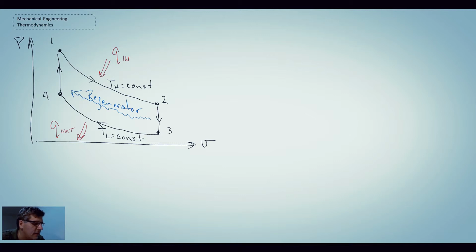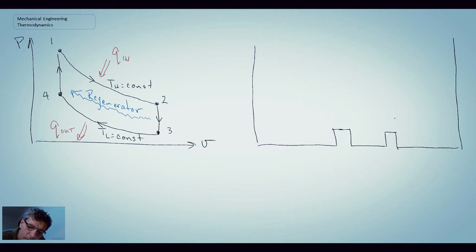So let's take a look at a schematic of what the Stirling may look like, and then hopefully that will start to bring some clarity in terms of what this regenerator actually is. So what we have are 2 piston cylinder devices, and they're connected by a common piping system which goes into the regenerator. So there we have our 2 cylinders.